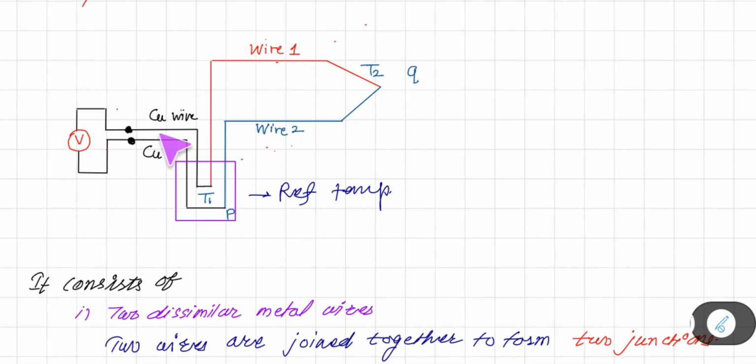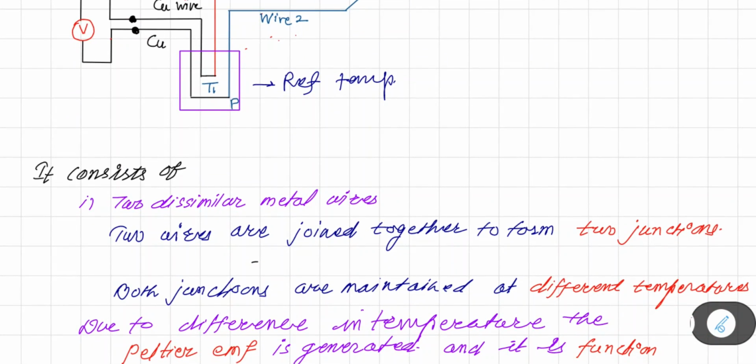But in order to measure the voltage or use this as a temperature measuring device, we need to connect this arrangement, so both ends are kept at reference temperature and the wires are connected for connecting the voltmeter.